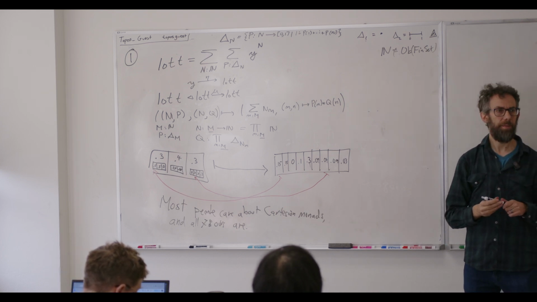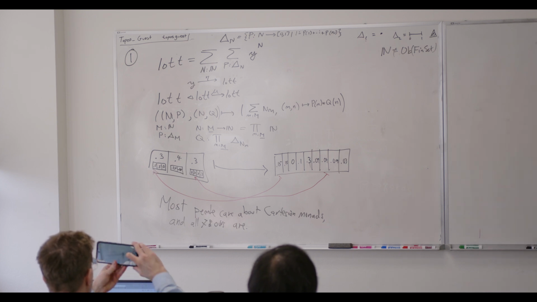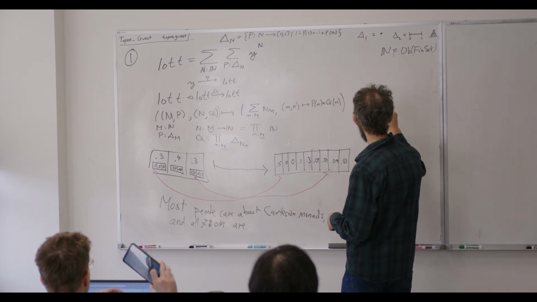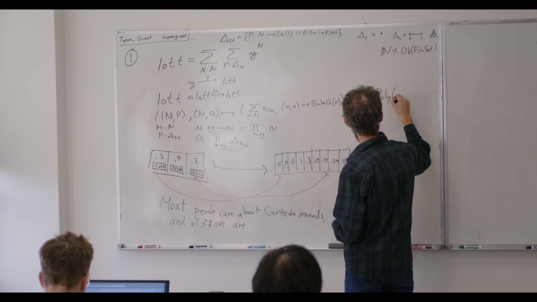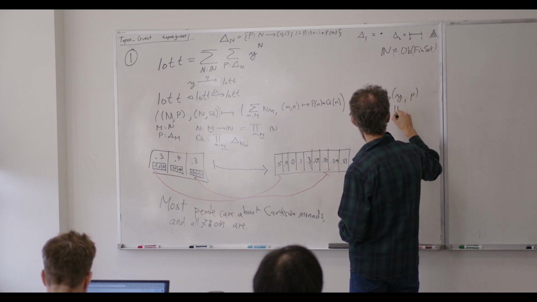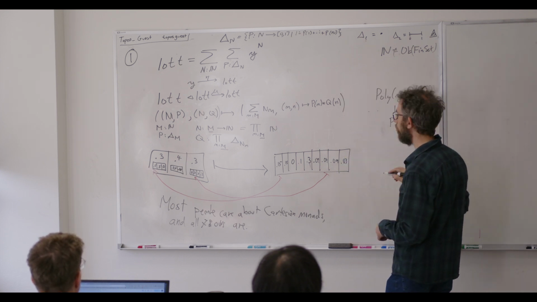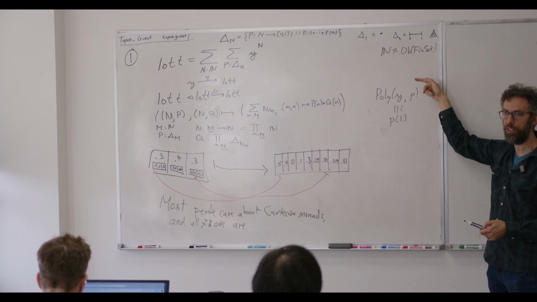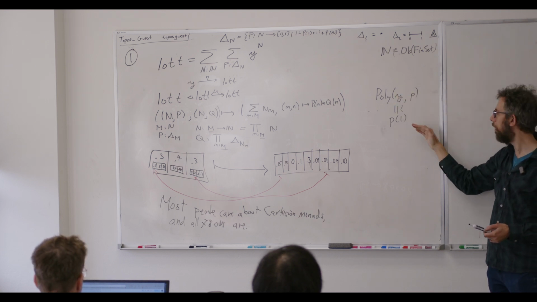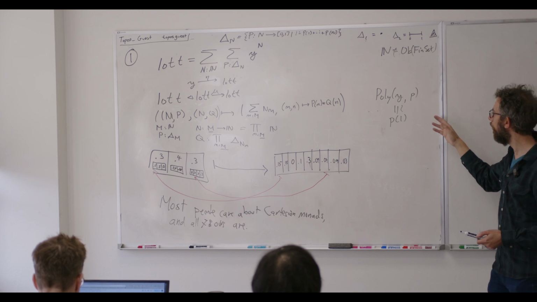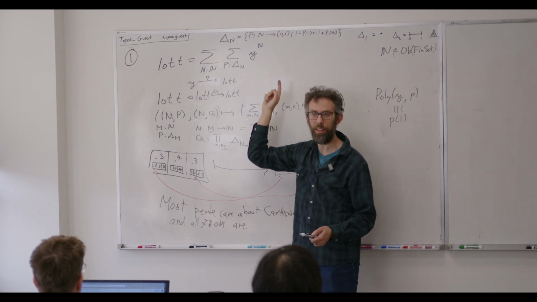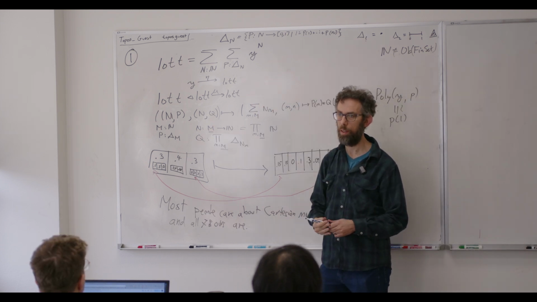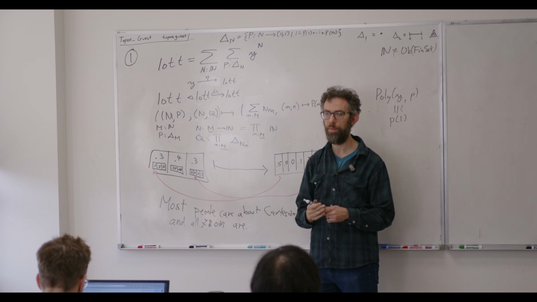Questions about Lott? Can you say the thing with the unit again? To give a map from poly y to p is p of 1, by the Yoneda lemma, or by the fact that it gives the position in every direction that goes to a unique direction. So if somebody says, I need a map from y to Lott, they're asking you for a position. Which position of Lott should we give them for the unit?